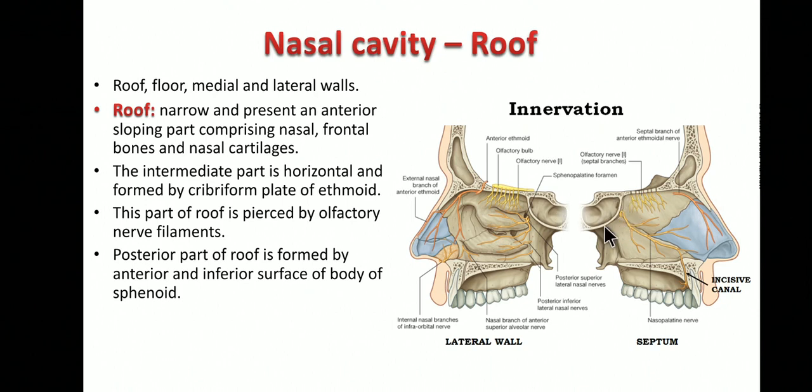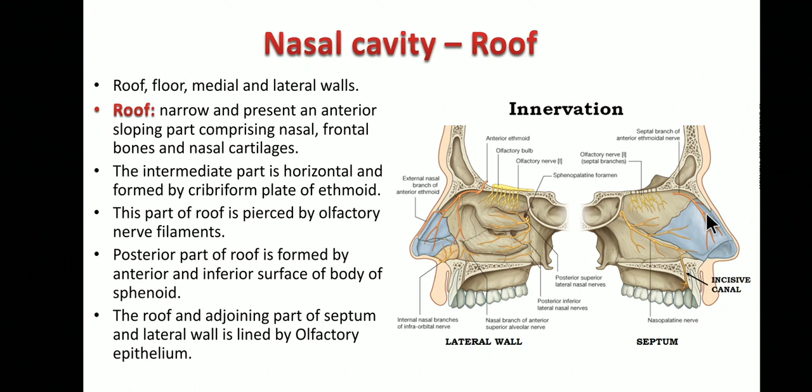Okay, so on either side you see the roof part on the lateral wall, and also on the septum, because the roof also extends a little onto the upper part of the septum as well as the lateral wall of the nasal cavity. So the roof and the adjoining part of the septum and the lateral wall are lined by the olfactory epithelium.